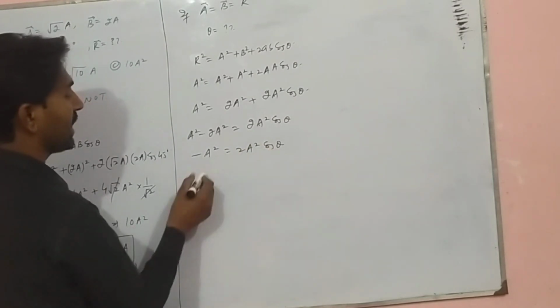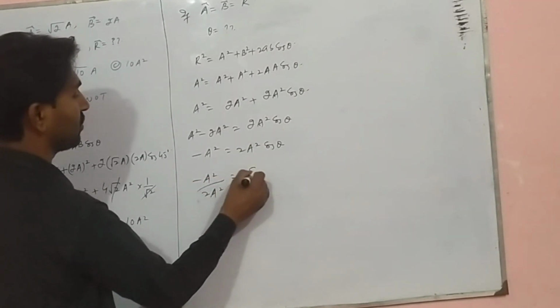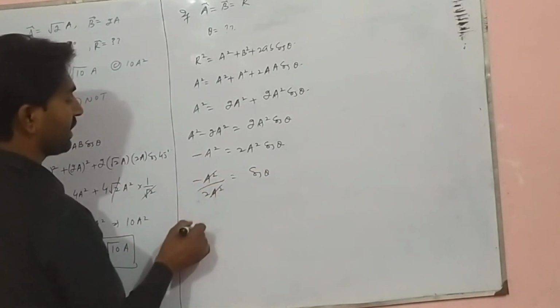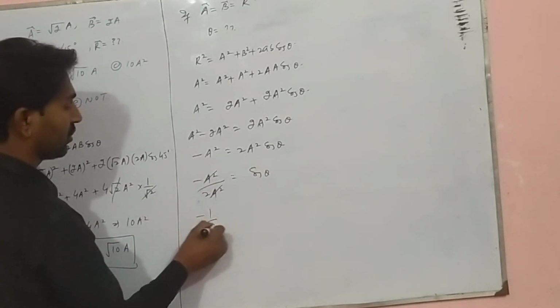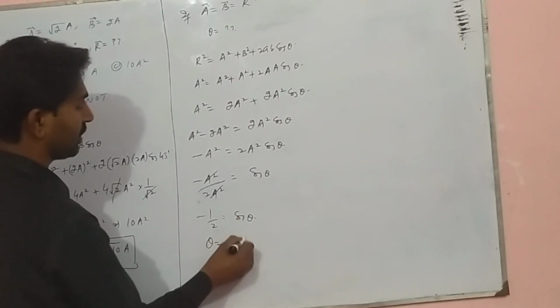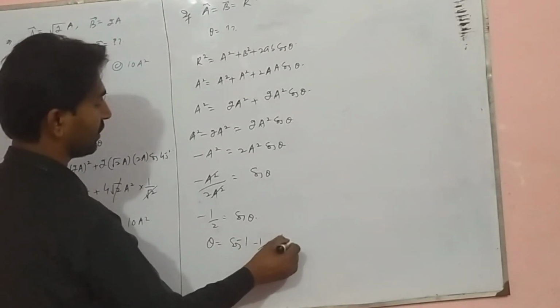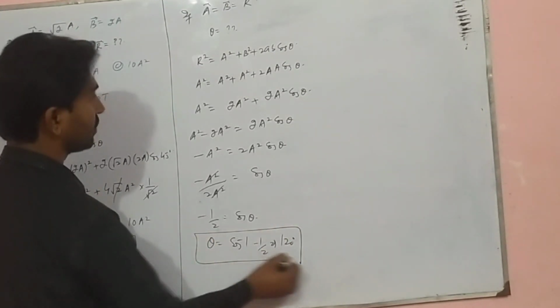So we divide by 2a square: minus 1 over 2 is equal to cos theta, as a square gets cancelled. Theta will be equal to cos inverse of minus 1 over 2, and this equals 120 degree.